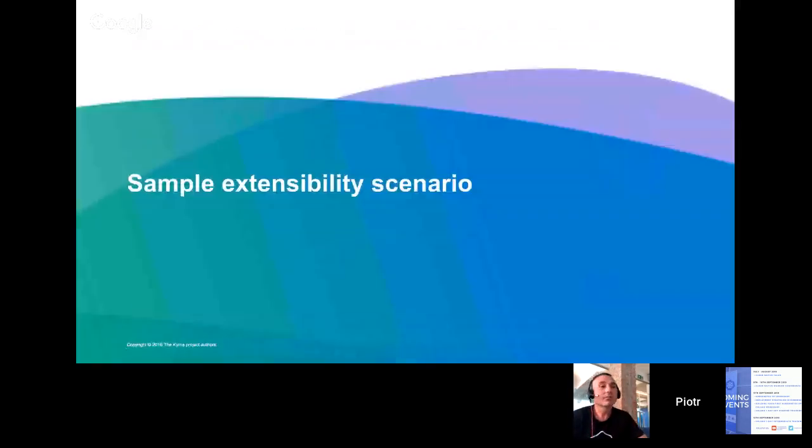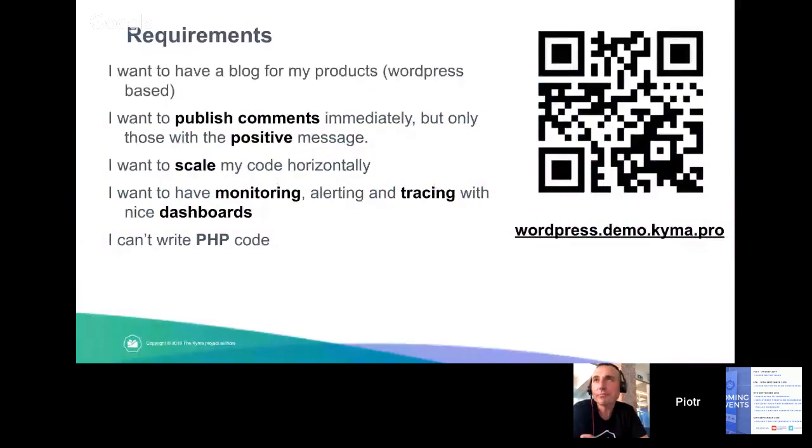Now, time for an extensibility scenario and how all these components can be used in a maybe not real world scenario, but one that is easy to explain. Let's assume that we have some requirements for the extensibility. I want to have a blog for my products.